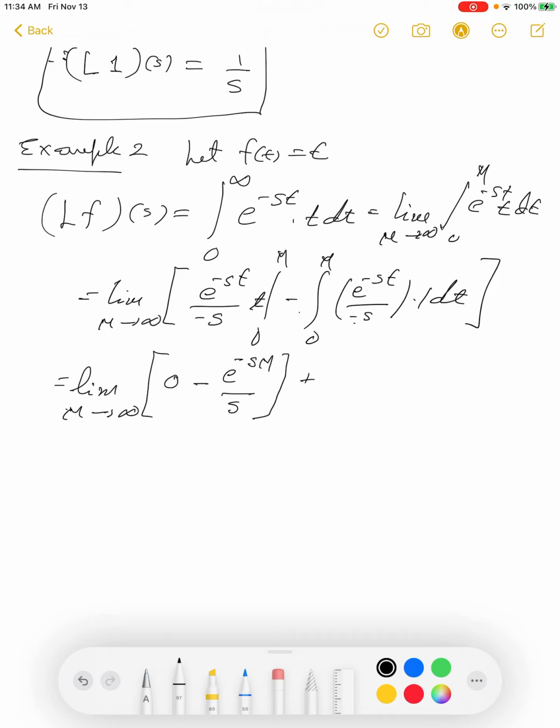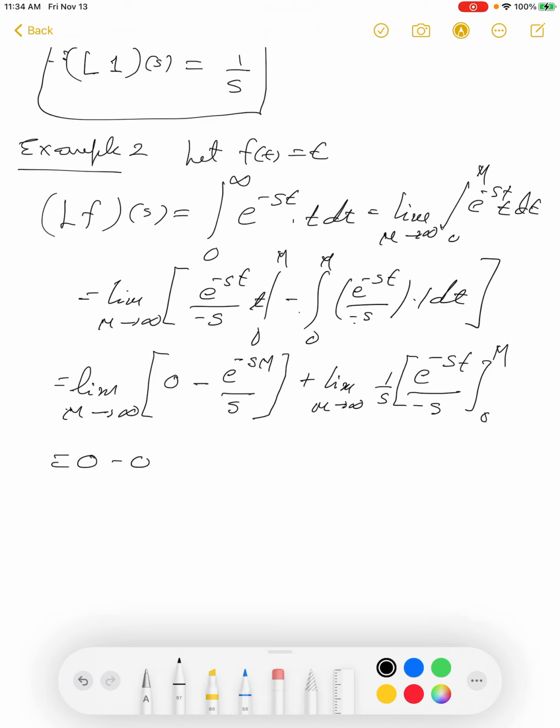Then I will get plus the limit as m tends to infinity. I will pull out 1 over s. And then I'll get the integral of e to the minus st, which is e to the minus st by minus s between 0 and m. So this limit is going to be 0 minus 0, because e to the minus sm tends to 0 as m tends to infinity.